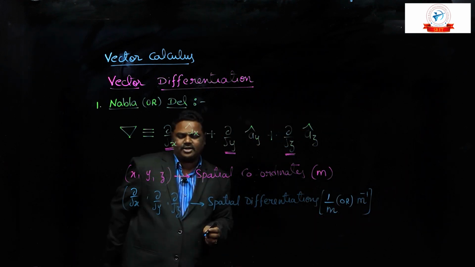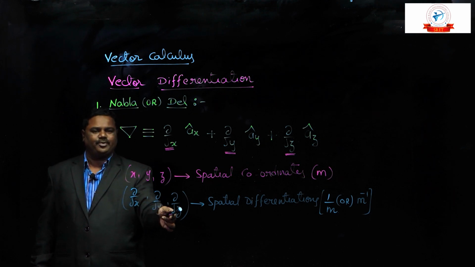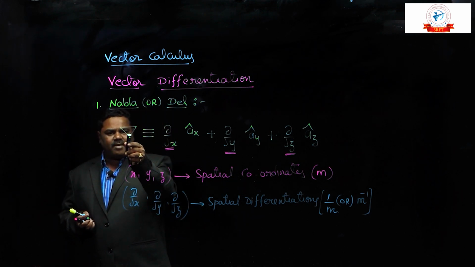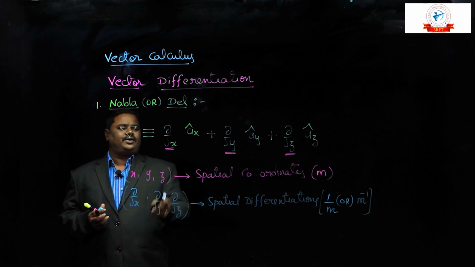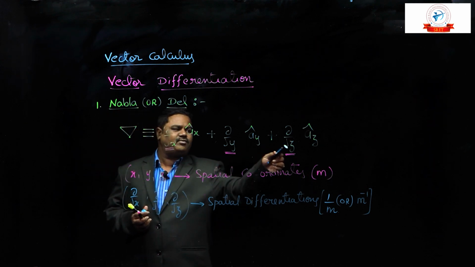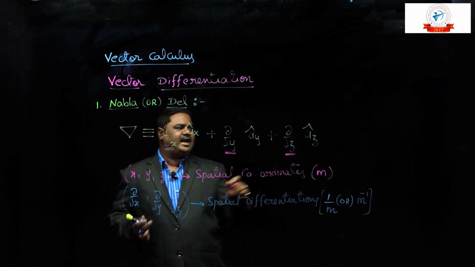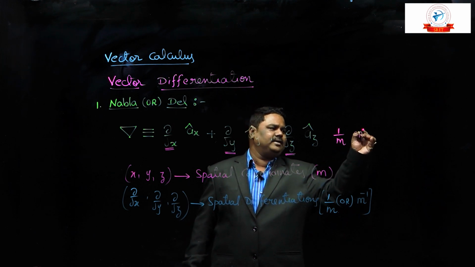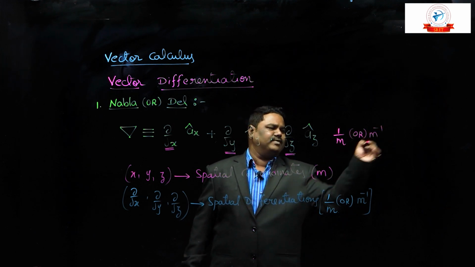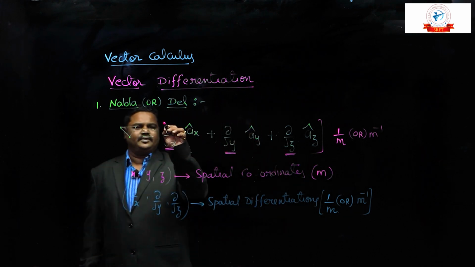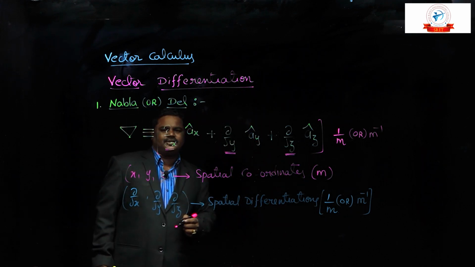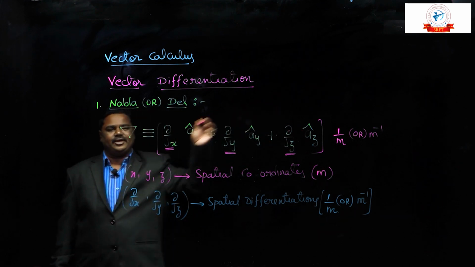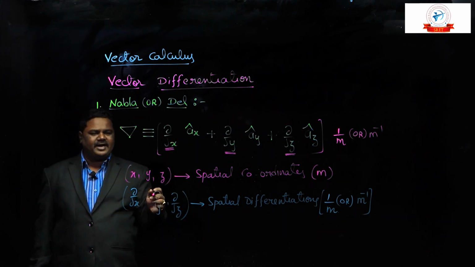Now, from this, what are the units of the del operator? Here each term has units of 1 by meter. So, the del operator is also measured in 1 by meter or meter inverse. So finally, the del operator is a spatial differentiation with units of 1 by meter or meter inverse.